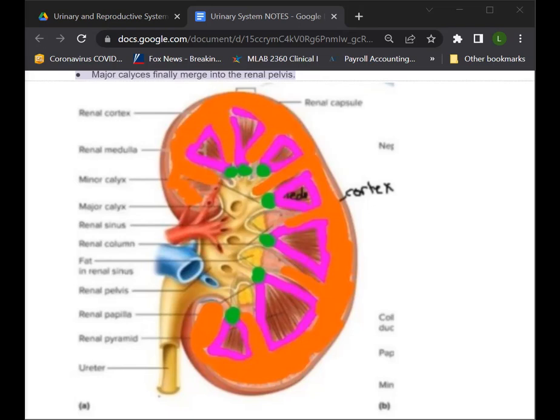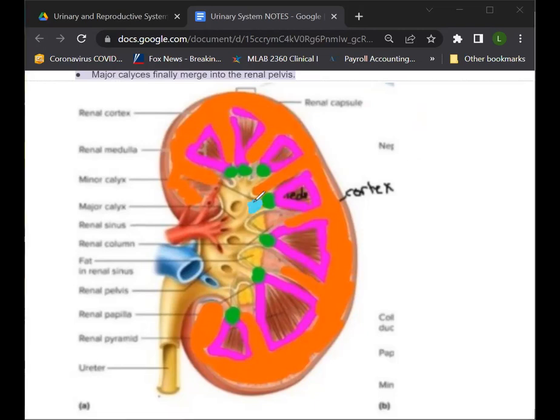So the urine is going to come out from the renal papillae. Then right after the renal papillae, where the urine comes out, that's where you'll find the minor calyces, the small cups.